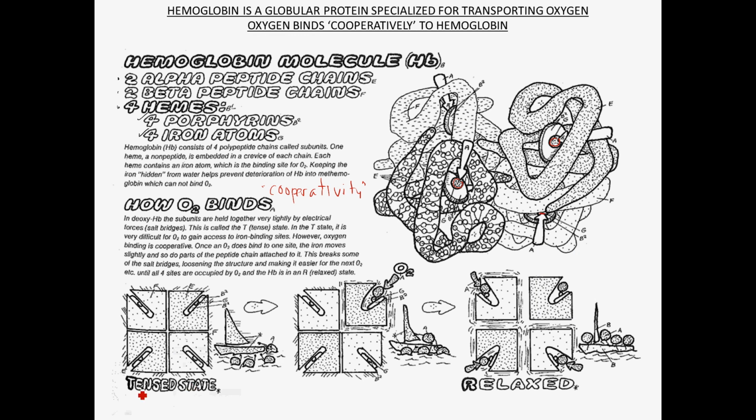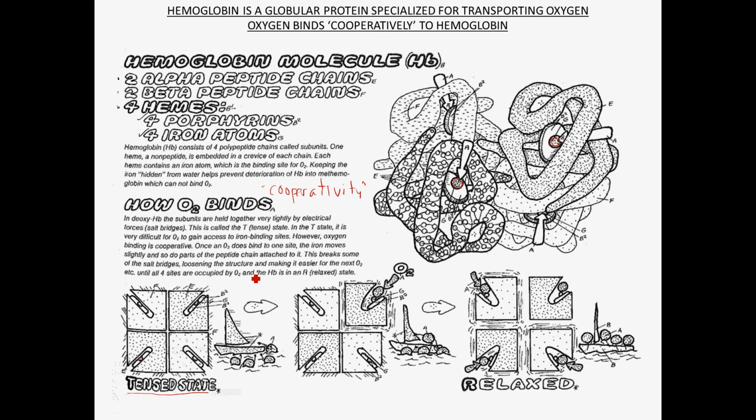When the hemoglobin is not binding oxygen, it's in this tensed state, and it's difficult to get oxygen to bind to the heme group. There's the iron atom there, there and here, and these are the binding sites.